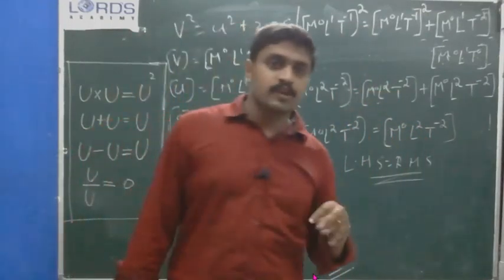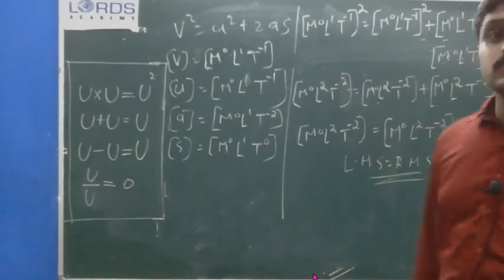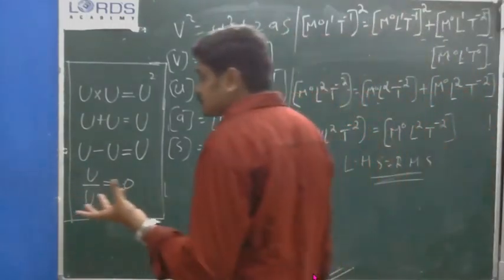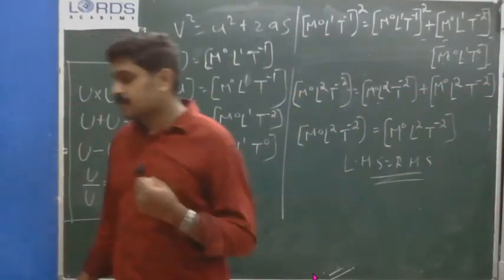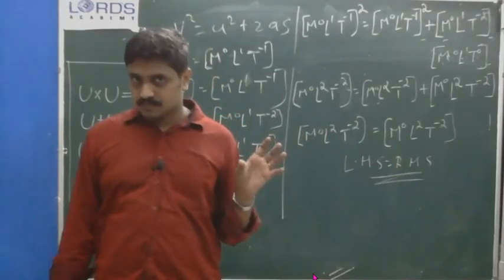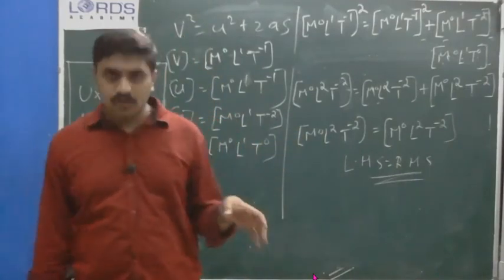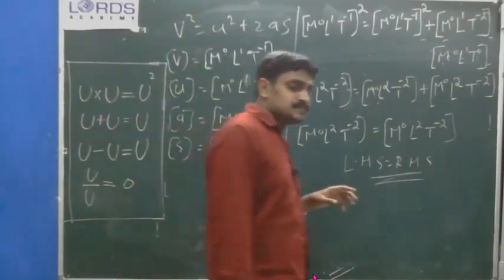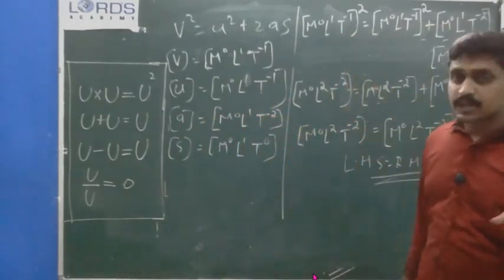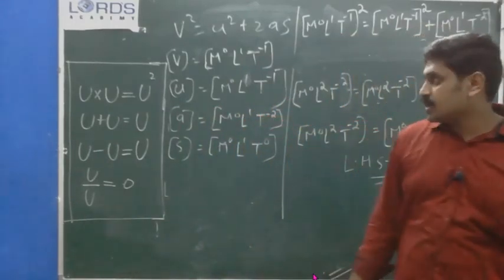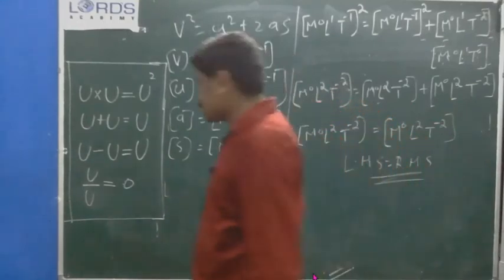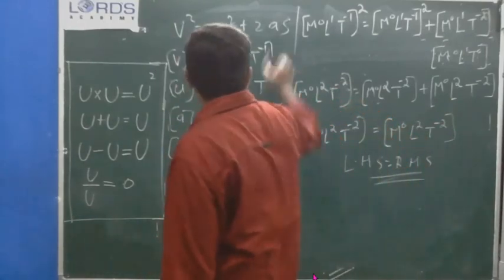Like capital G, the universal gravitation constant. It's a constant, so just ignore numbers and constants and carry on with the other terms.